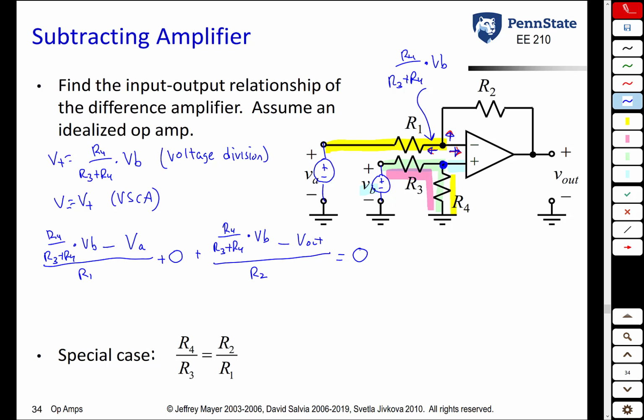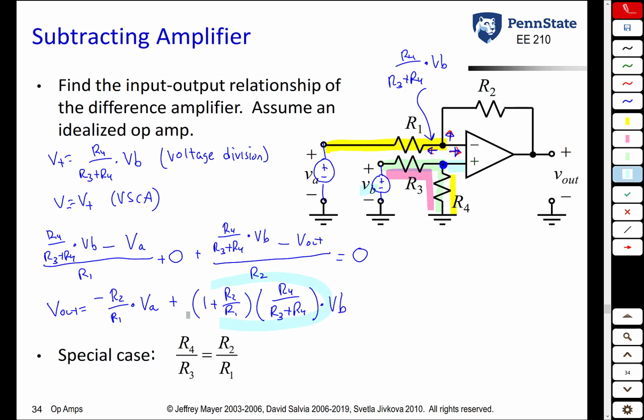If you solve for V out and do some math, you get the final expression that V out is equal to minus R2 over R1 times VA plus 1 plus R2 over R1 times R4 over R3 plus R4 times VB.